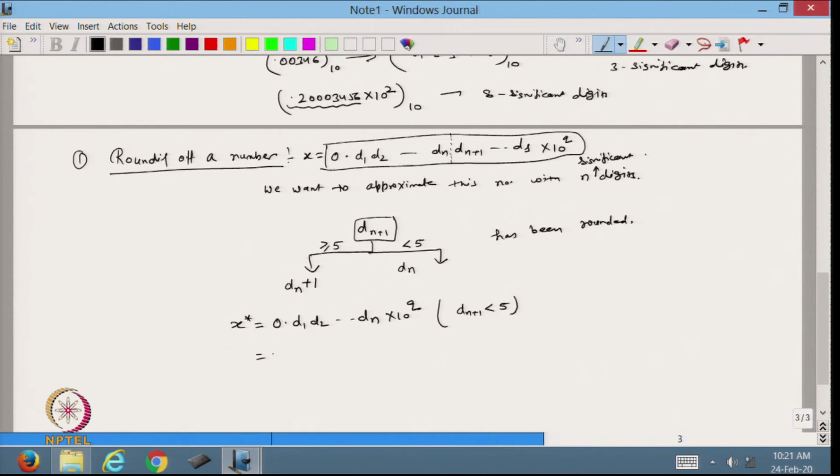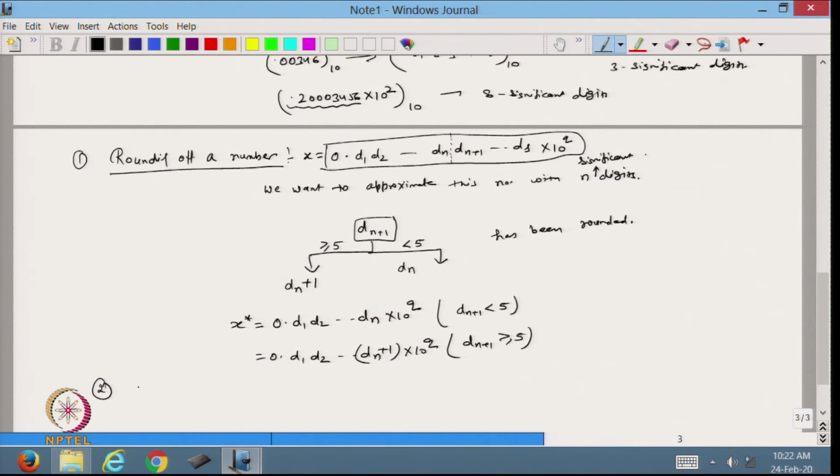It will be equal to 0.d1 d2 ... dn with one value increased, if dn+1 is greater than or equal to 5. Okay, that is called rounding off. So, this is the way we can do the rounding of a number.